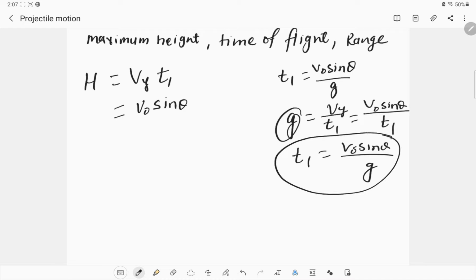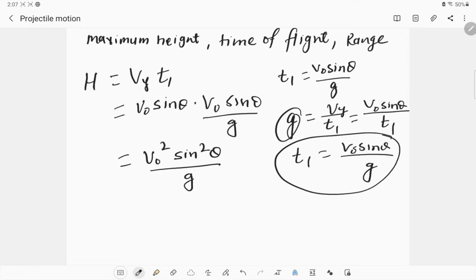So I can insert this value here, v naught sine theta divided by g. If I simplify these things, I will get something like this relationship. This is the maximum height. Yeah, I forgot to add one more term.